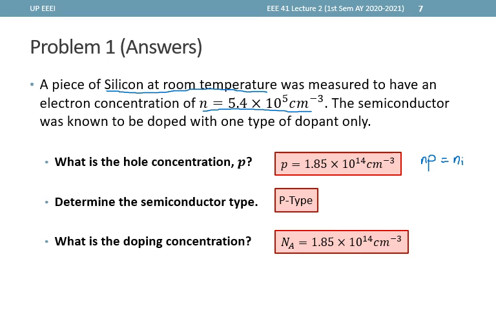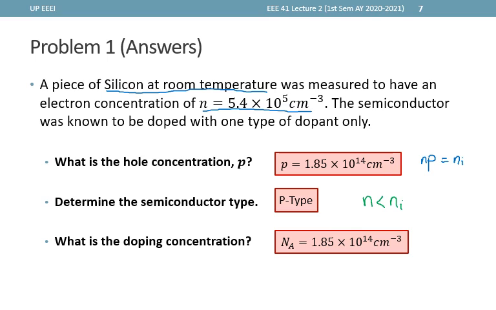For the next one, what determines the semiconductor type, we were able to show that this material is p-type since p is greater than n. However, even if we still haven't solved for p, we can also deduce that the material is p-type from the fact that n is less than ni.